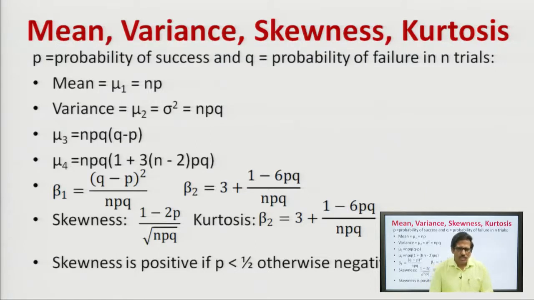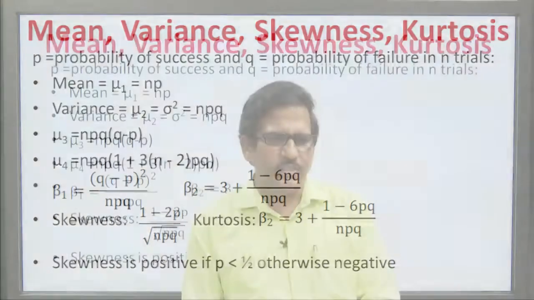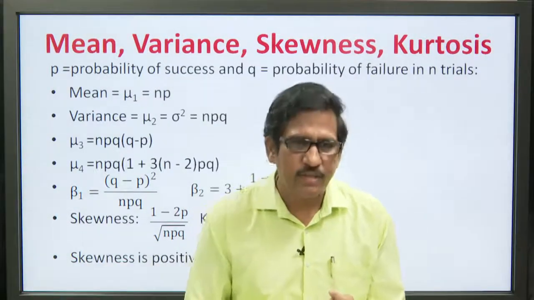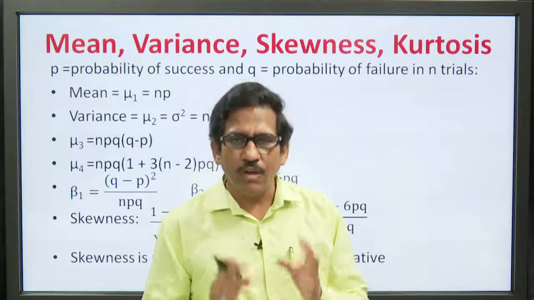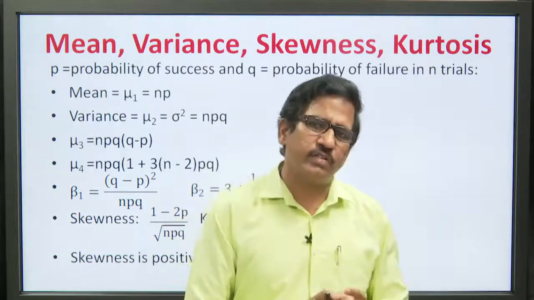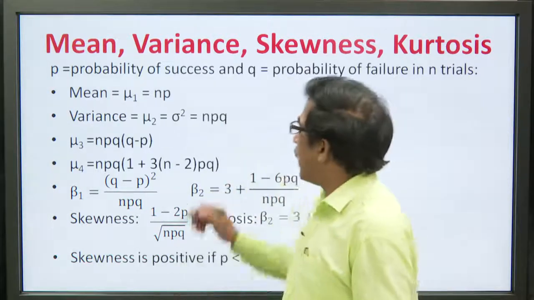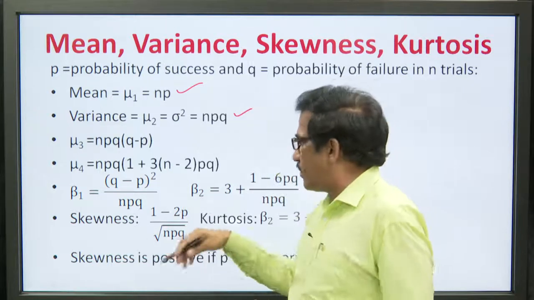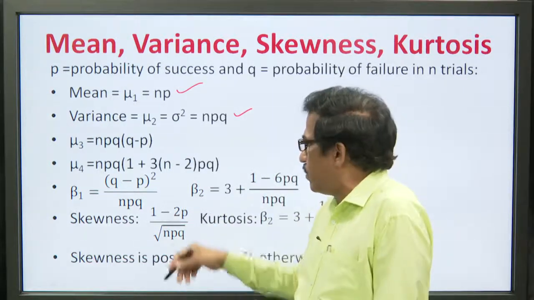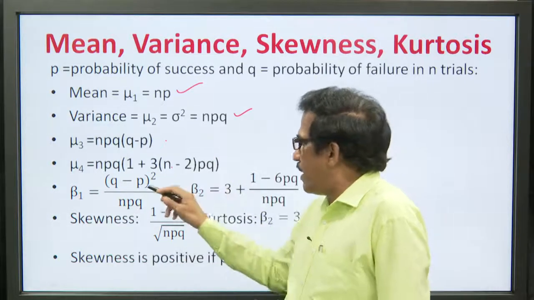In this binomial distribution, a few points are important to understand the concept. First are the mean, variance, skewness and kurtosis. The mean of a binomial distribution is equal to np. The variance is equal to npq. To find skewness and kurtosis, we must first find mu 3, mu 4 and beta 1.